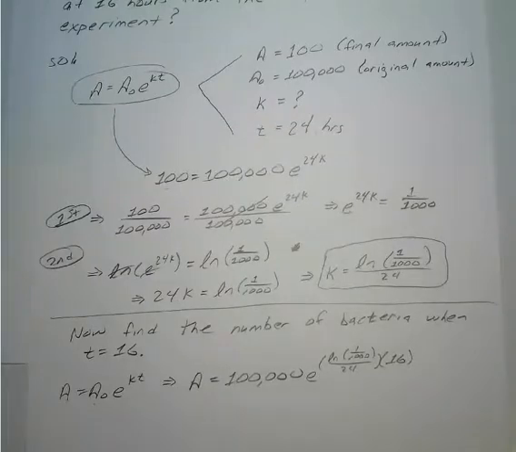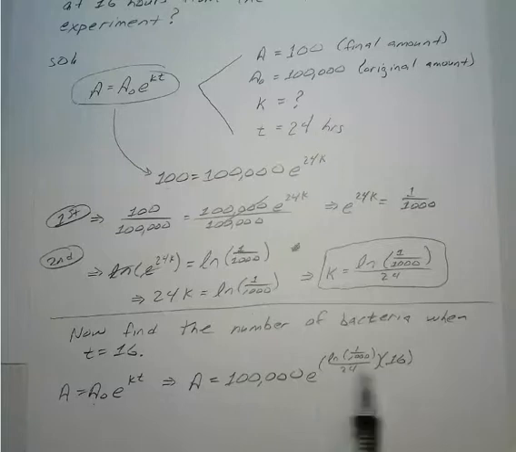Okay, so remember, we're going to have a different final amount because now we're looking at what would happen if our t is equal to 16. So if you plug in 100,000 times e to the power of this entire value, that's why we didn't want to do a decimal approximation just yet. Because if you approximate that to a decimal value, once you multiply it by 16, your answer will be skewed just enough to maybe give you the wrong answer.